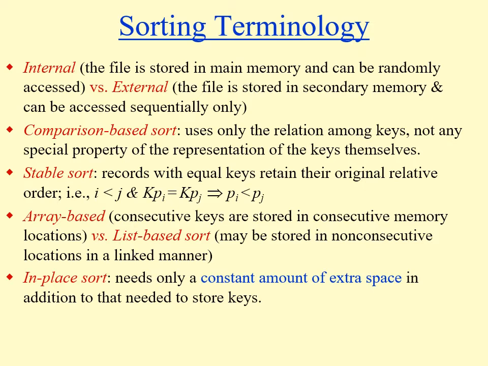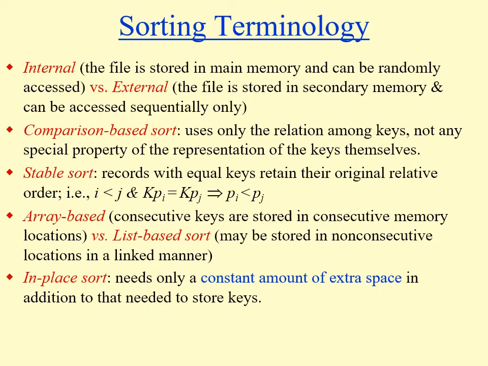Next, we want to talk about an important type of algorithm called comparison-based sort. That means you compare the keys to sort. In a word, comparison sort compares keys to sort. So you will not use any additional heuristic information.